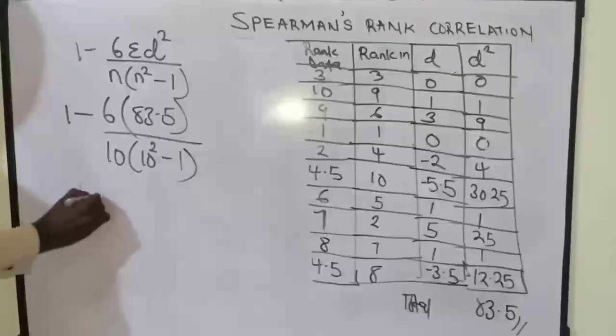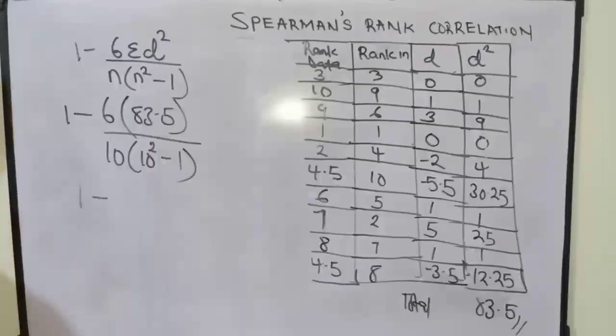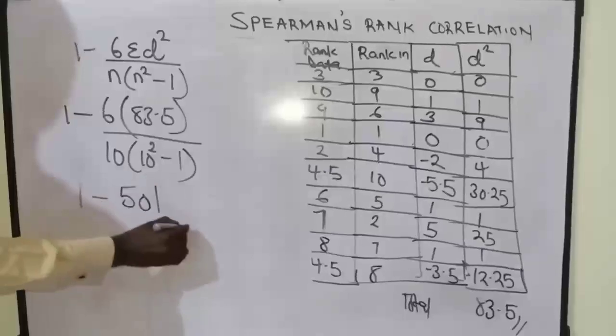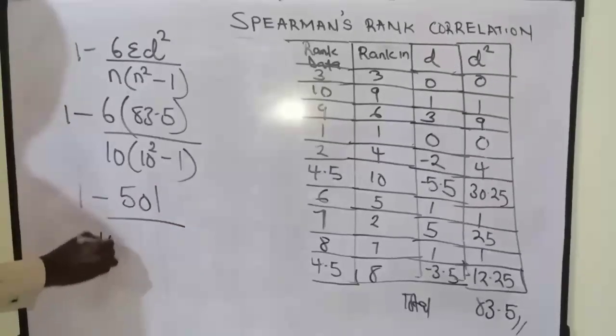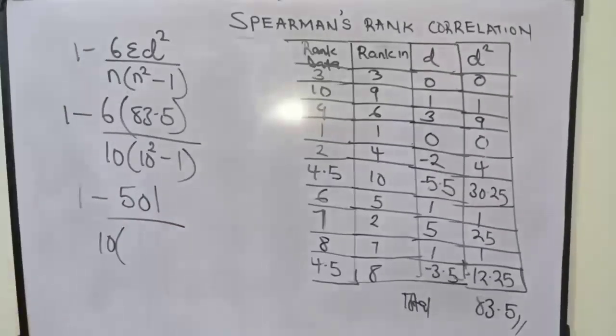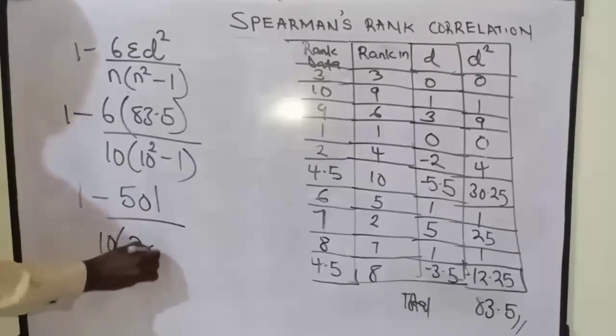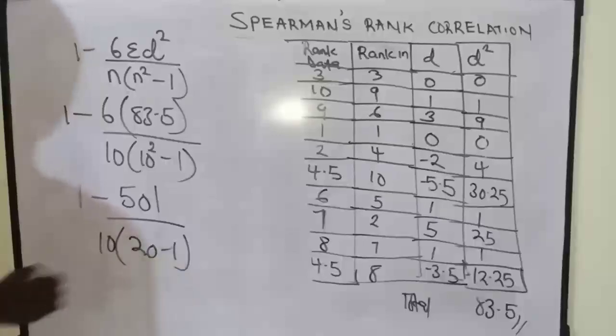So 1 minus 6 multiplied by 83.5 is 501. So are you getting it? 10 raised to the power of 2 is 100, minus 1 is 99.